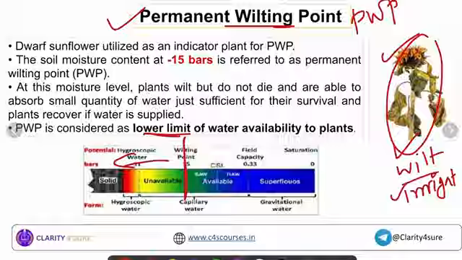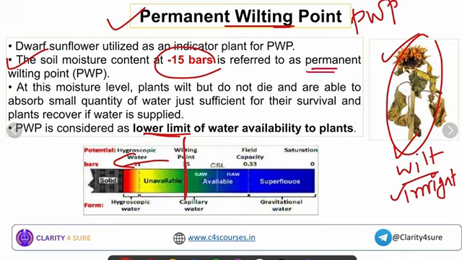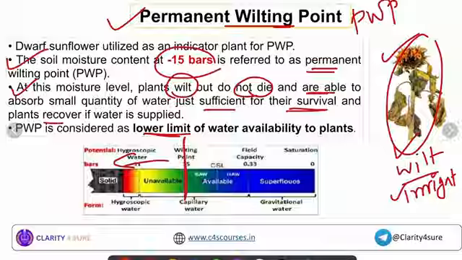Okay, so the soil moisture content at minus 15 bars is referred to as the permanent wilting point. At this moisture level, plants will start to show signs of wilting, but will not die. They are able to absorb a small quantity of water, just sufficient for their survival, and plants can recover if water is supplied at this point.